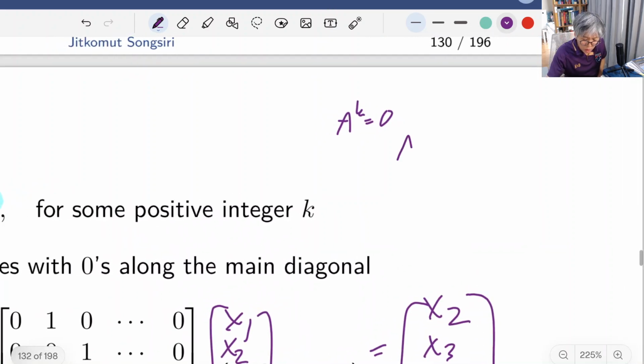The way to prove it is not hard. This can be an exercise as well. We start with the eigenvalue problem, and then we square it.